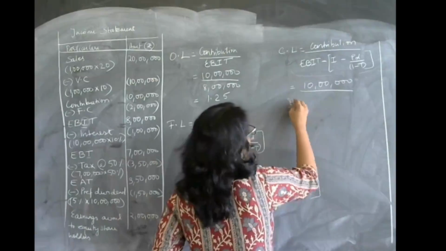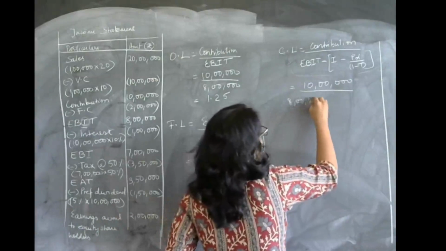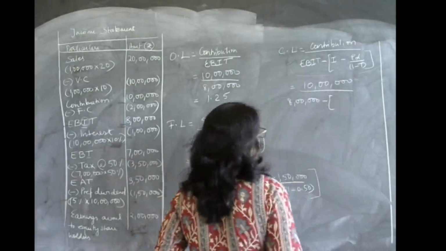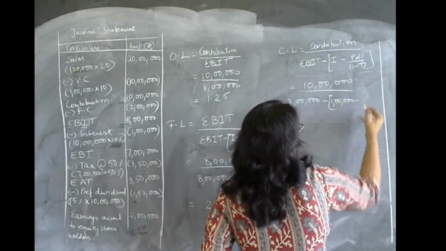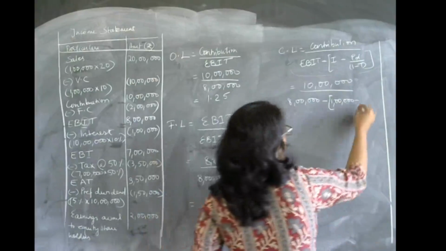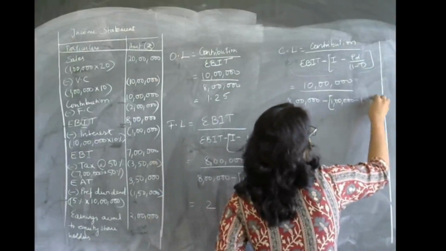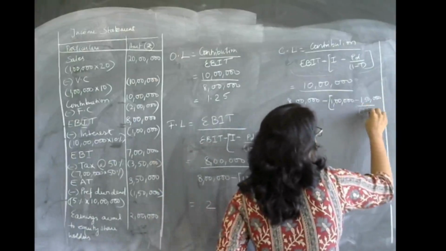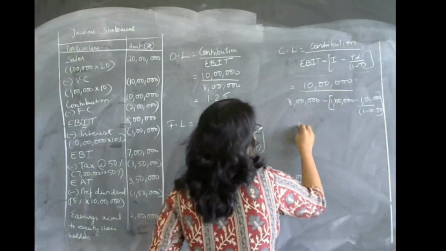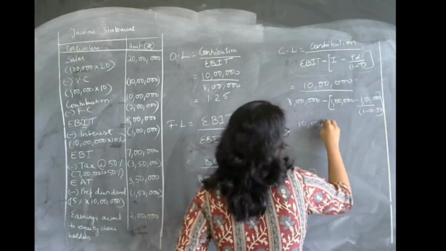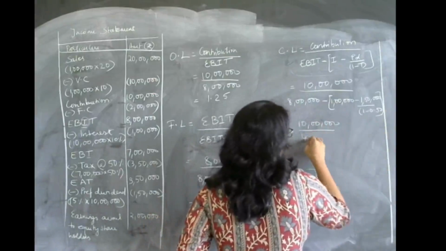EBIT is how much? 8 lakh. Minus interest is how much? 1 lakh. Minus preference dividend is how much? 1.5 lakh divided by 1 minus 0.50. Okay, so it will come to around 10 lakh divided by 4 lakh.